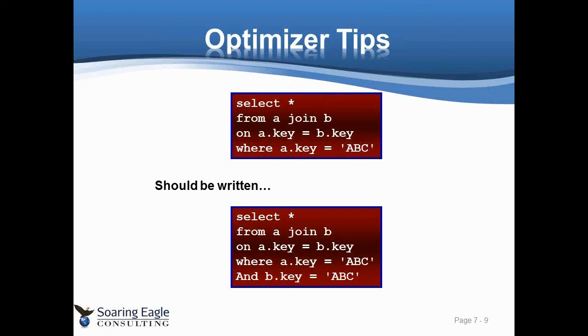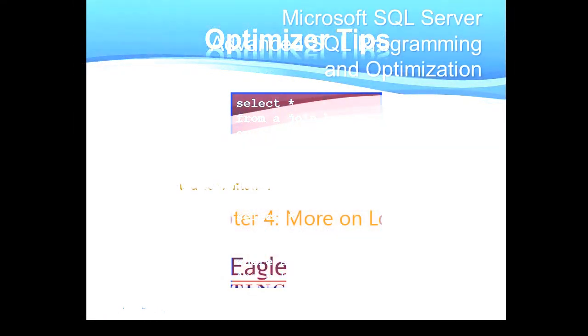As a result, adding that additional search argument means that we are giving the optimizer the additional possibility of joining from B to A rather than just from A to B, and using a matching index for the matching value on B. It may turn out that this is faster. In fact, what we may also find is that it may use both, and it may subsequently do a merge join on the 2 columns, which would be even faster. So, moral of the story here is be aware of how the search arguments are written, be aware of the possible join orders, and help the optimizer where you can.